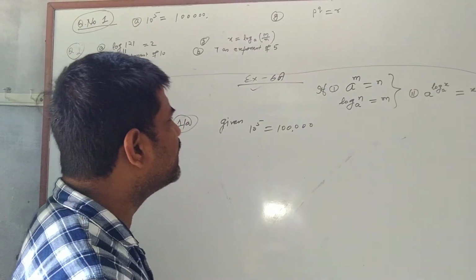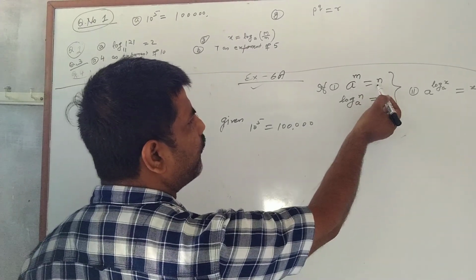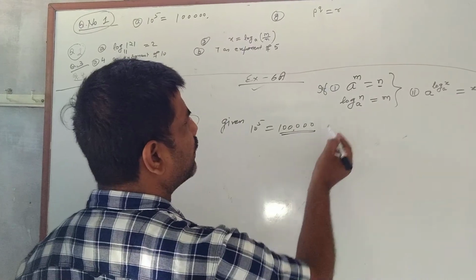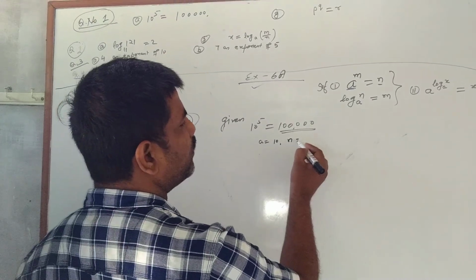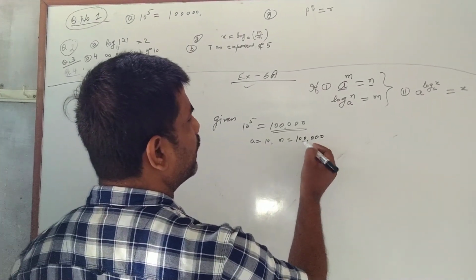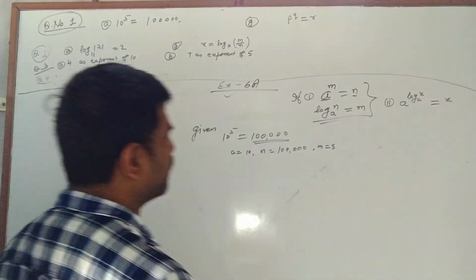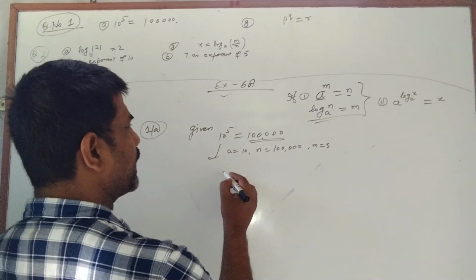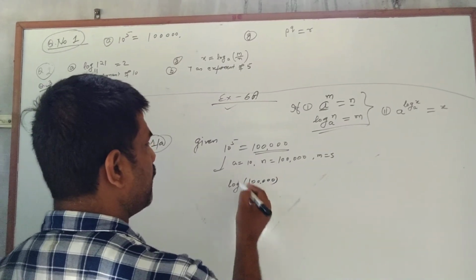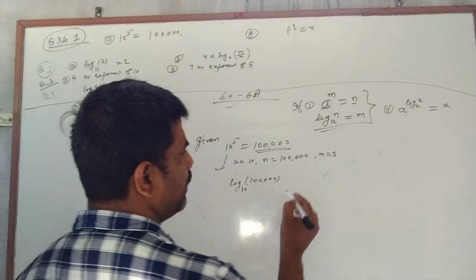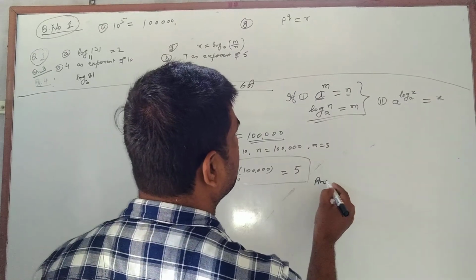Compare with a to the power m equals n. Here a equals 10, n equals 1 lakh, and m equals 5. So just put the values here and you will get the answer. Its logarithmic form will be log 1 lakh base 10 equals 5. That will be our answer using this formula.